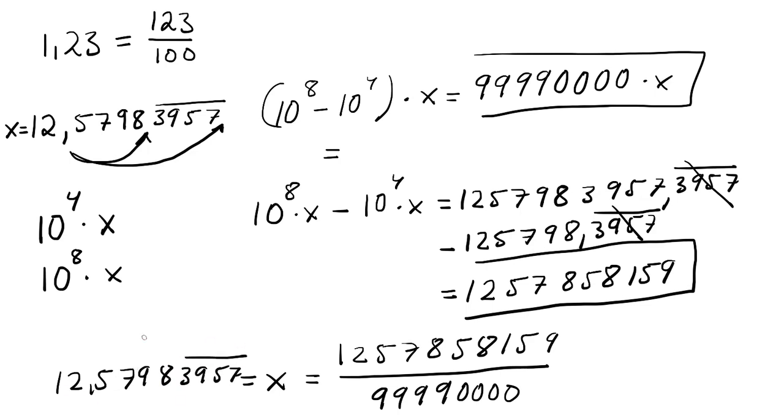So now we see here we have written our number, a repeating decimal sequence infinitely long, as a fraction. And this is the method. This method always works if we have a repeating periodic sequence. So we can always write it as a fraction.